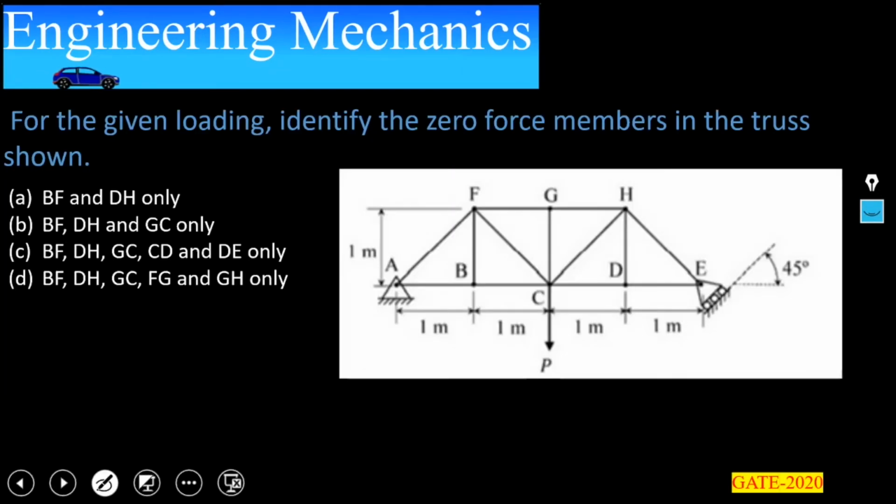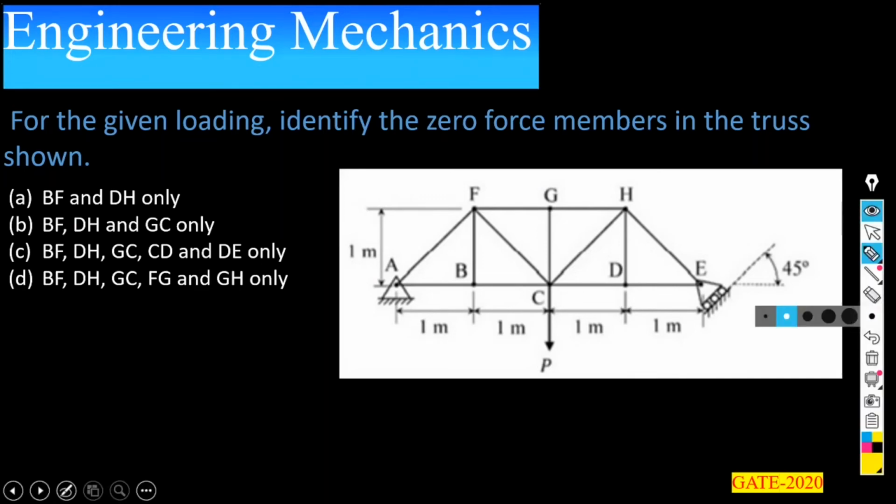Let's move on to one more problem. This is a problem on the truss. For the given loading, identify the zero force members in the truss shown. In order to identify the zero force members, say you have two members like this and like this.